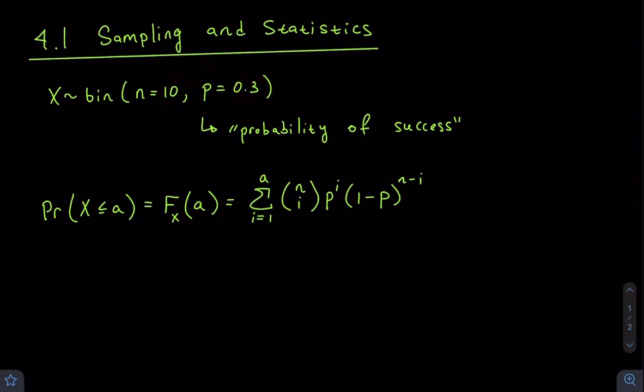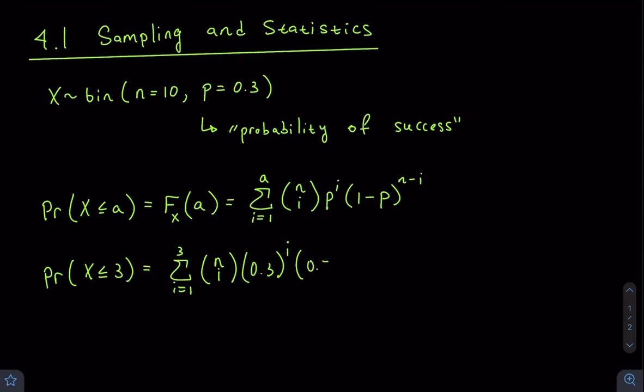So if we were looking for the probability that x were less than or equal to 3, then this would just be the sum from 1 to 3 of n choose i times p, which is 0.3, to the power of our index times 1 minus p, which is 0.7, to the, so n would be 10, times 0.7 to the 10 minus the index.